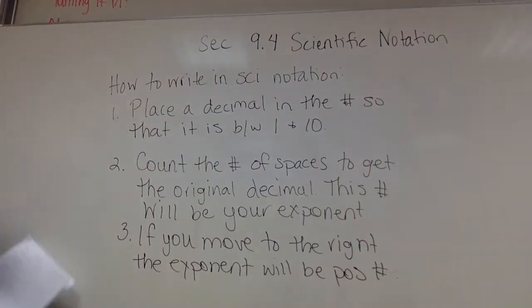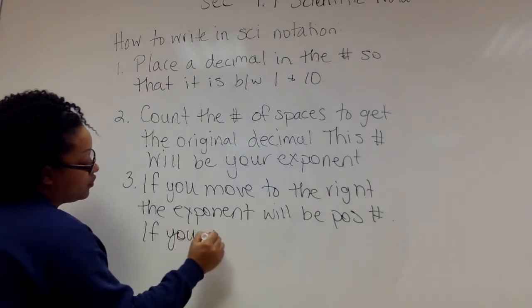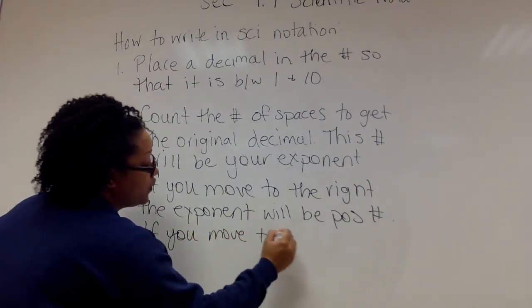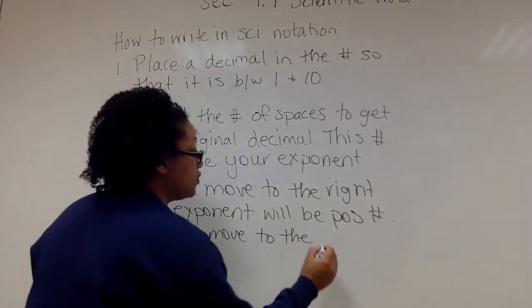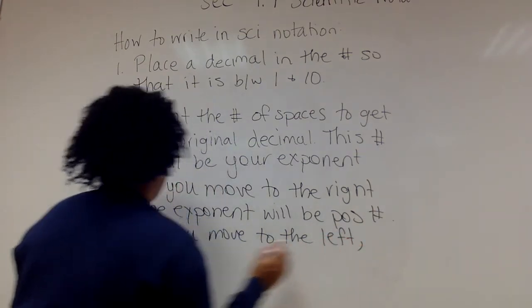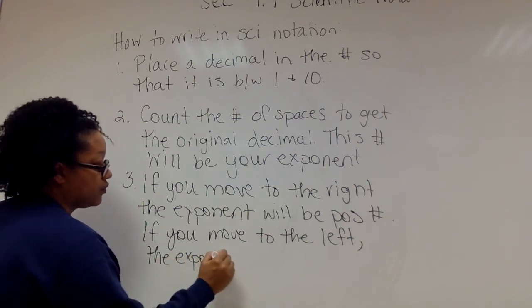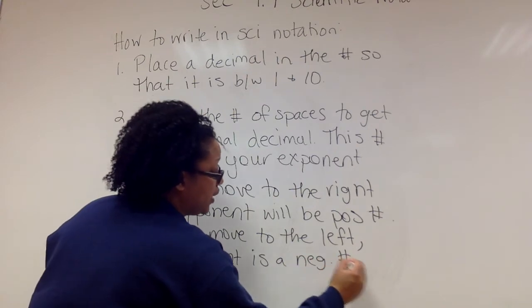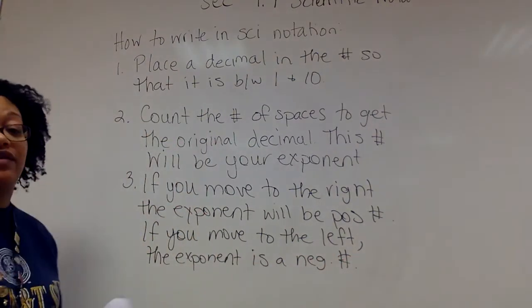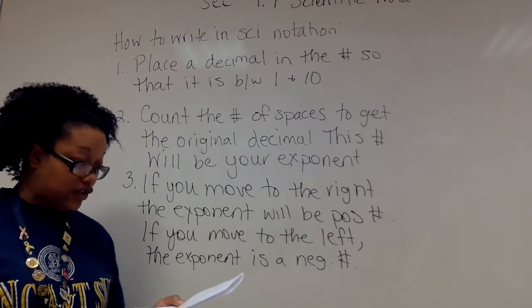And then if you move to the left, which means that you're probably working with a really small decimal, the exponent is a negative number. And that's pretty much it. You're just counting the spaces and then writing what you see in scientific notation.